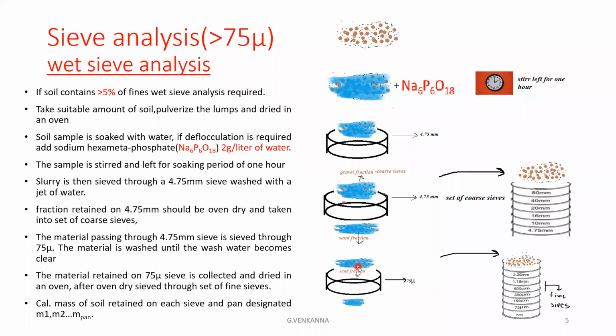Here also we have water, so to remove the water and sodium hexametaphosphate, the sand fraction is oven dried. After oven drying, we go for the set of fine sieves process.